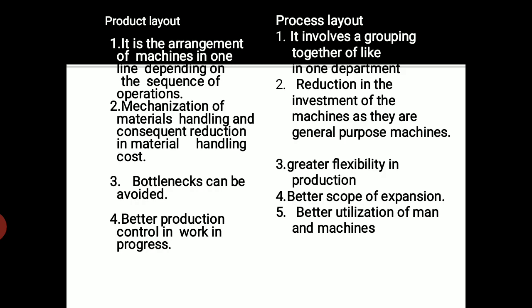So hardly do you require any kind of personal inspection. On the contrary, the production control is automatic and everything falls very easily, right? These are the four advantages in this slide of product layout. If we shift our view from product layout to process layout, on the right side we can see 5 different advantages. Now what are they? Let us study them.